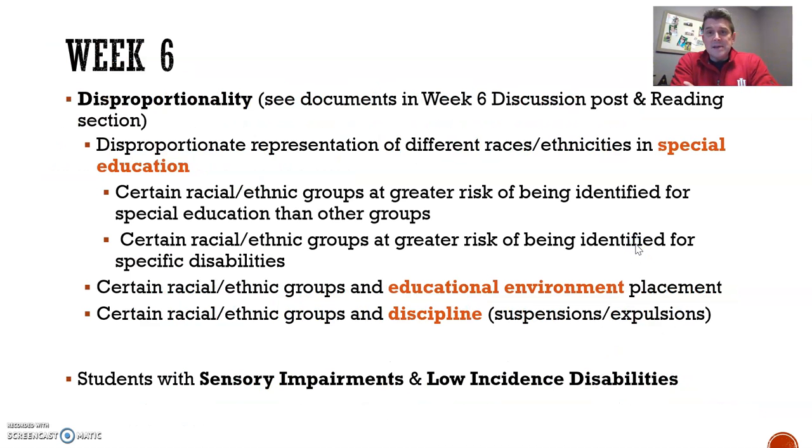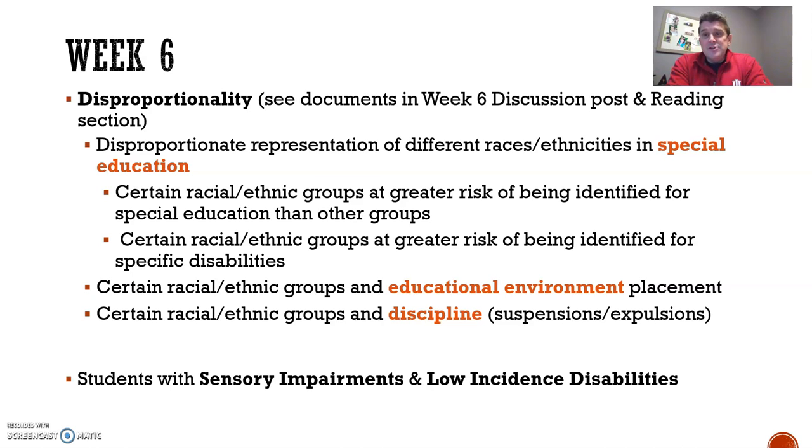So in week 6, there's two topics kind of combined, and they don't fit perfectly, but in an 8-week class, it's sometimes hard to get everything fit in together. So the primary focus of this week is on disproportionality, the primary focus of what I have put in the modules.